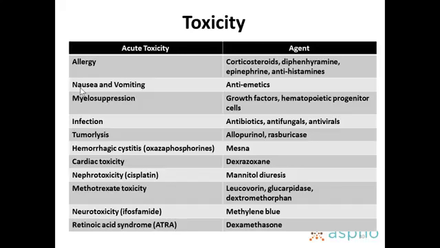Dexrazoxane, by the way, is also approved for the treatment of an extravasation burn with anthracyclines, and this may also be on your boards. And usually the dose is 1,000 milligrams per meter squared IV for 2 days, and then 500 milligrams per meter squared on the third day.